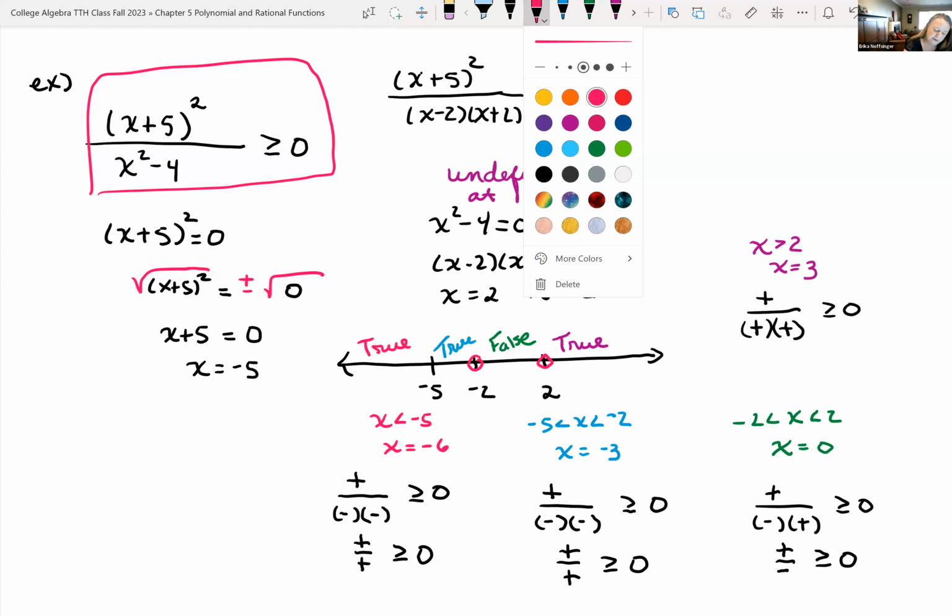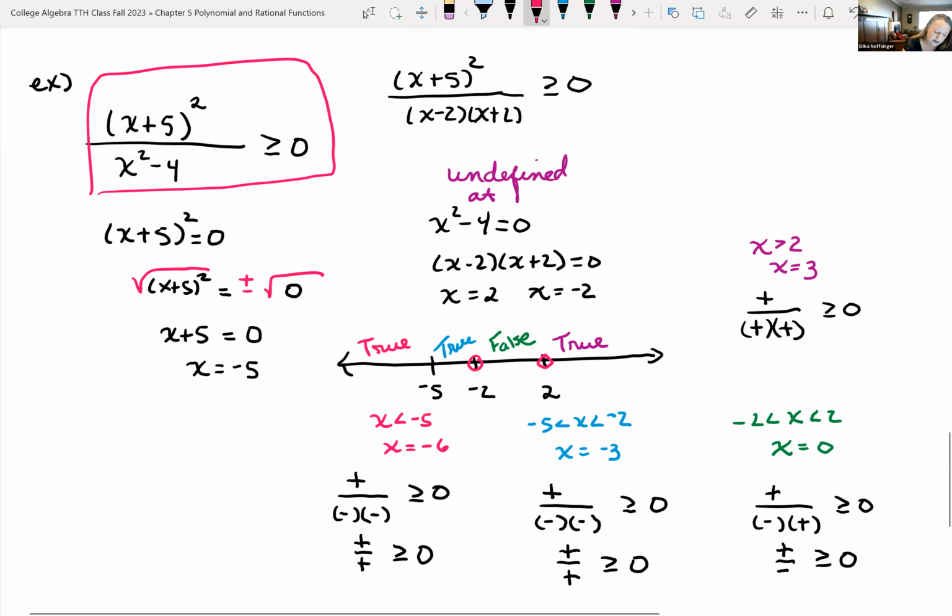And so I'm looking at everything from negative infinity, I can include negative 5, to negative 2. And then I'm looking at everything that is bigger than 2. Okay, so negative 5 sets the numerator equal to 0, and 0 is greater than or equal to 0.